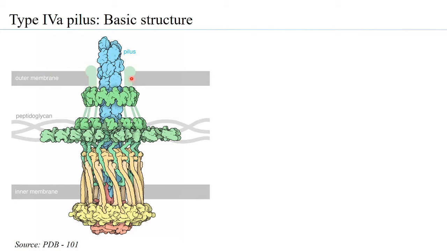This collar allows the pilus through. The central stalk that you observe here is actually the pilus, and the pilus is able to move across the membrane thanks to all these ancillary proteins that make up the entire machine.